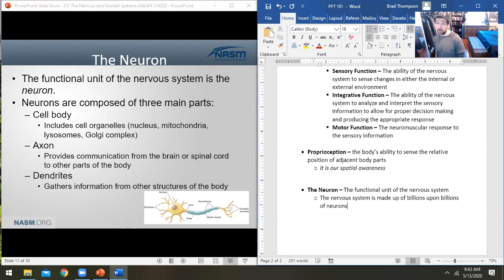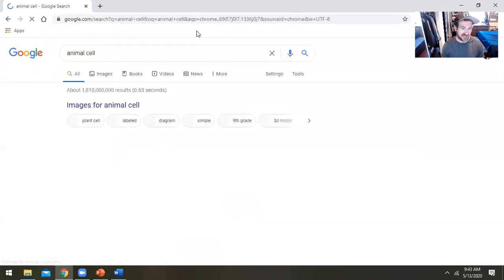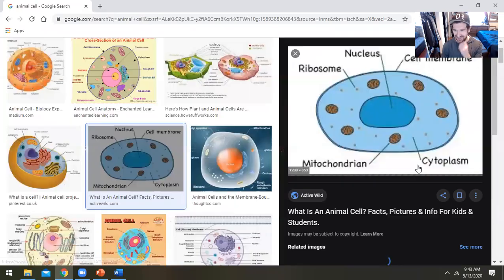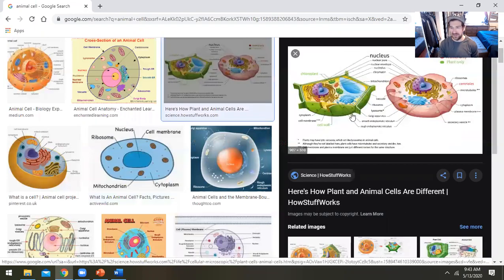You're going to have your cell body, which has all the normal features that you see in a cell. Normally, when we're looking at animal cells, we do this classic drawing. I like this one. This is really simple. Here's a typical animal cell, right?